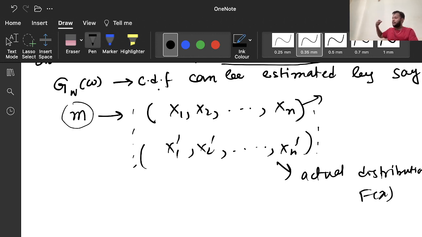That means if you do m times n total experiments, you will get such a set of m vectors, and from that you can estimate the GW.